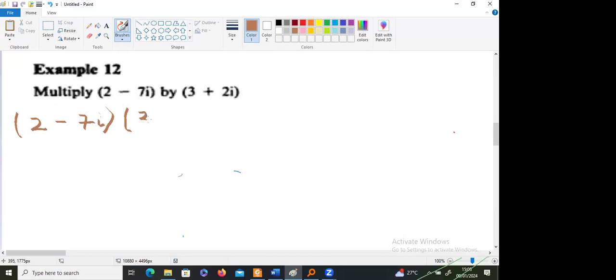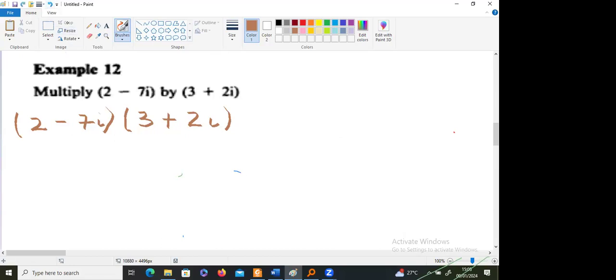When we are multiplying, what happens? We are opening these brackets in the ordinary way. Please go ahead and open the brackets in an ordinary way.